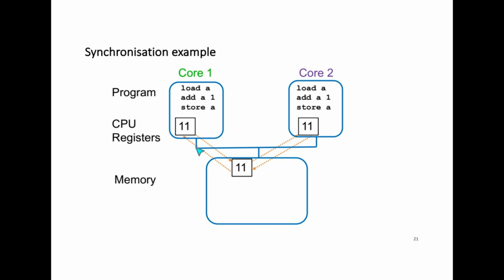If we'd somehow arranged for core 1 to do all its instructions first, in particular, as long as core 1 does its store before core 2 does its load, then we would have got the value 12, which we wanted.